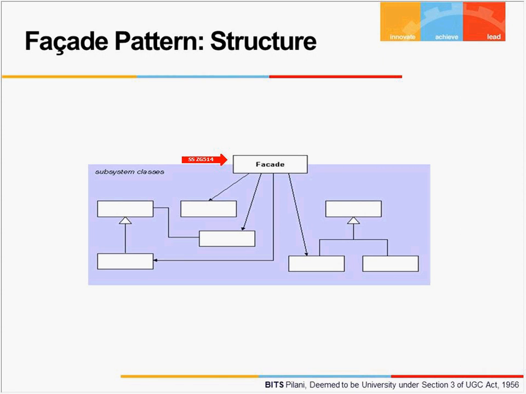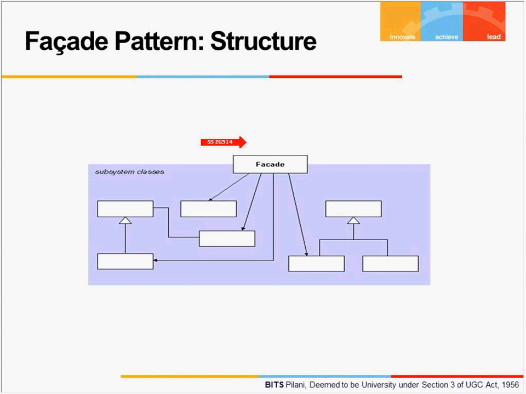So instead of putting a client here, which has to first access this particular system, then access this particular system, and then access this particular system, and then access this particular system, instead of doing everything one by one, you have a top level system which provides a common interface, takes all the information from the user, and in turn accesses all further subsystems and returns you the result. Right?